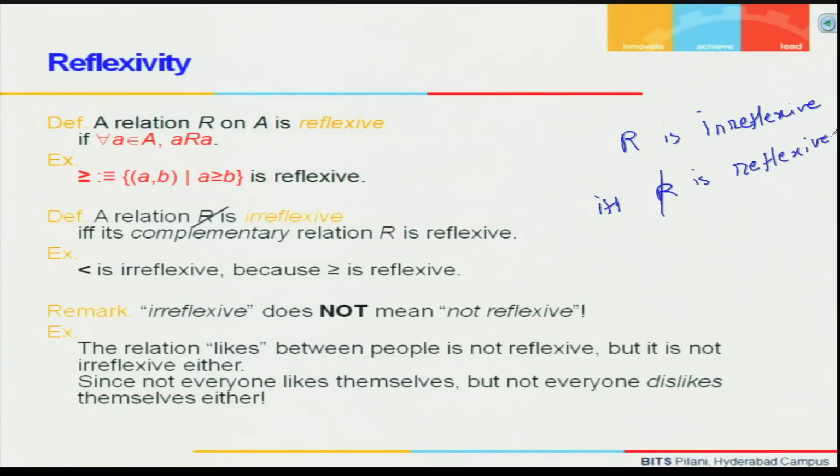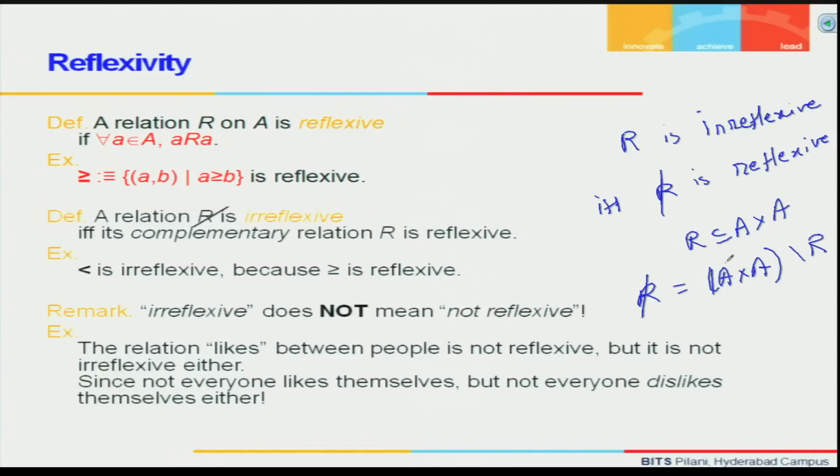What do I mean by this? For a relation R to be irreflexive, you know what its complement is. Say R is working on A cross A, then R is a subset of A cross A, and R bar is simply the set A cross A minus R.